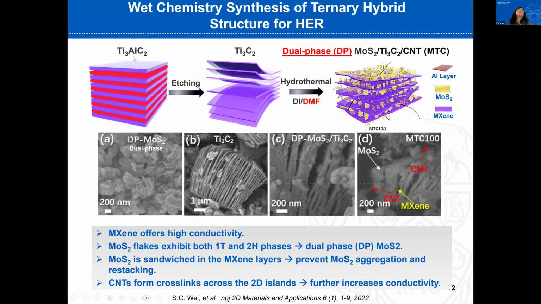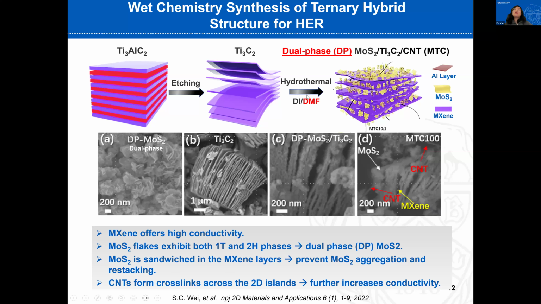We can remove the aluminum layer by simple acidic etching to obtain the titanium carbide MXene, and then put it into a hydrothermal reactor. The solvent here we employed is a bisolvent, consisting of DI water as well as DMF. Therefore, we produce this material as MTC. Here we also added a nanotube in the system.